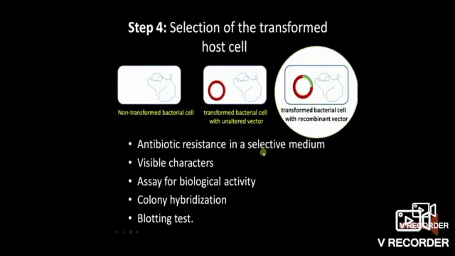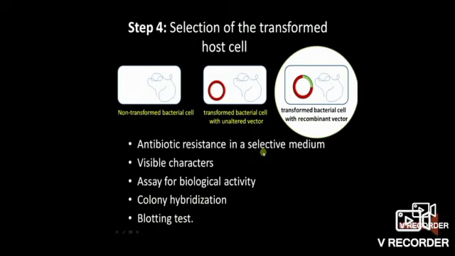Maybe by growing in antibiotic resistance in selective medium. Growing in antibiotic resistance means that along with the gene of interest, they would have also incorporated an antibiotic resistance gene in the plasmid. So this bacteria will now have in the plasmid an antibiotic resistance gene also.